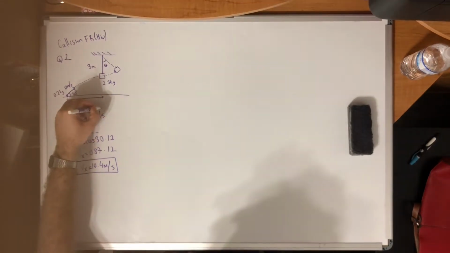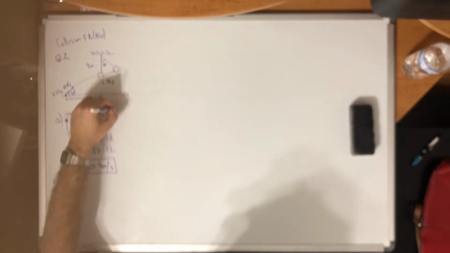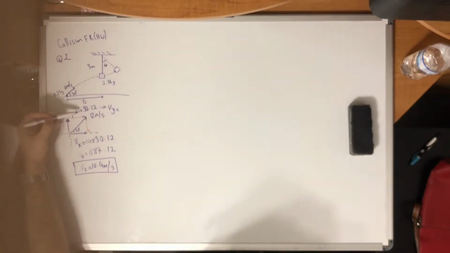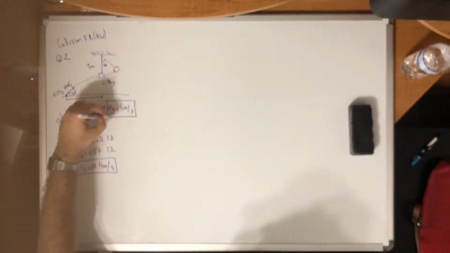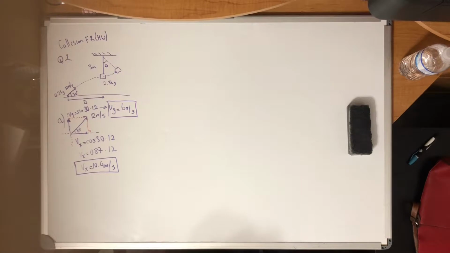Your Vy is equal to sine 30, which is 0.5, times 12, which is 6 meters per second. Now let's come to the point where it's asking for its distance.